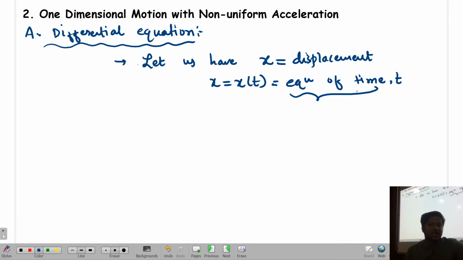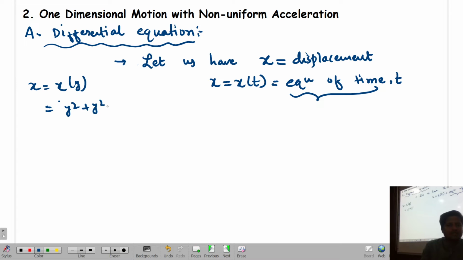So you will have something written in terms of time. If I say x is equal to x of y, that means the RHS will have only variables of y, like y square. I taught you this in the class, yes or no?